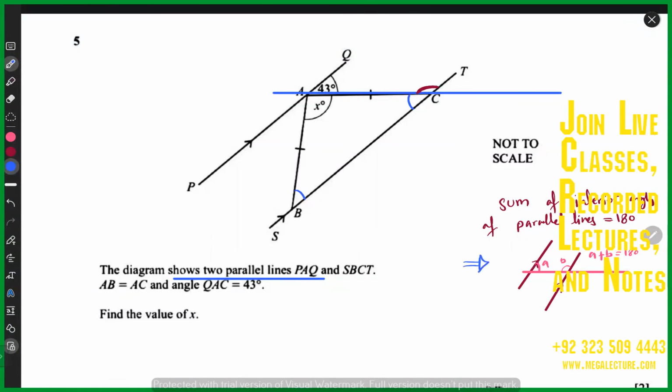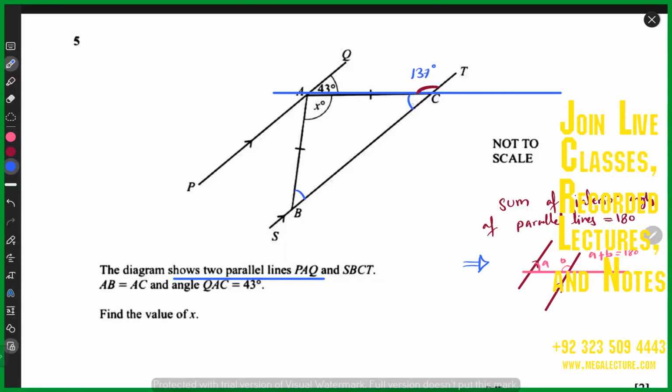Sum of interior angles in case of two parallel lines is 180 degrees. So 43 plus maroon is going to be 180 degrees. This means that 180 minus 43 would give you this maroon angle, that is 137 degrees.